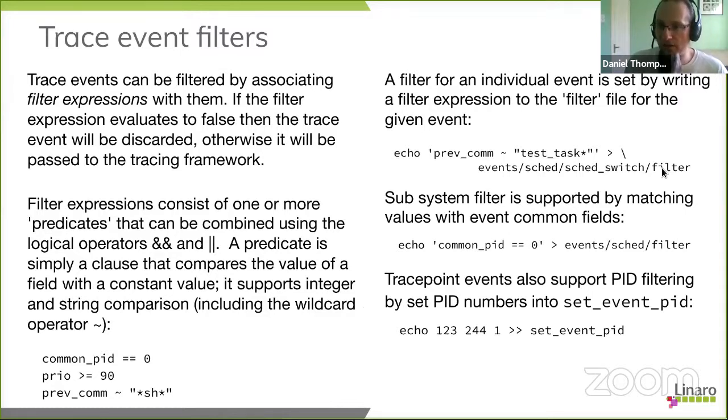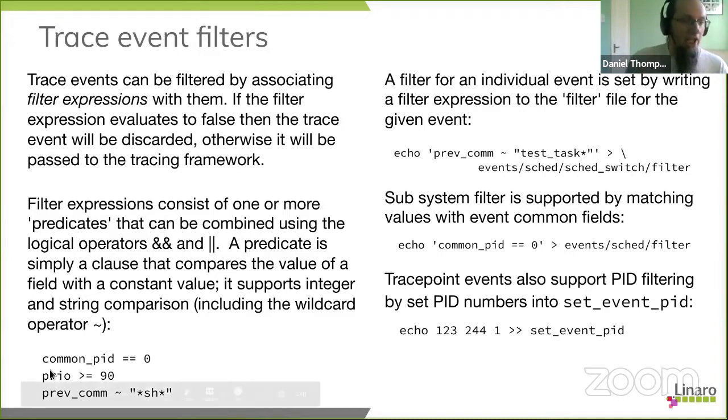The filters that you have in the local directory for each trace point are much more powerful. They allow us to write these little expressions to trace things. So they're C-ish, they use C-like operators, they use things like and, or, brackets to combine the predicates if you wish. So you can, for example, look for tracing PID 0. I think tracing PID 0 is a very bad idea because it's reserved. Tracing 1 might be interesting. I'm not sure tracing PID 0 has any value whatsoever.